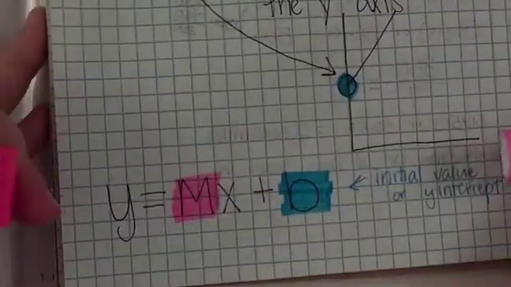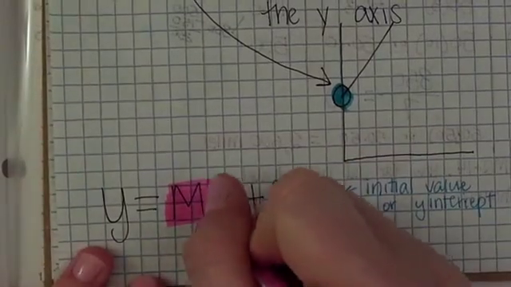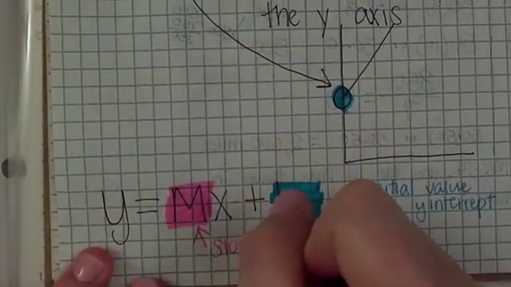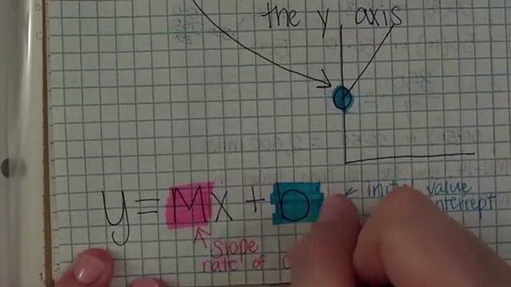So don't forget those few things. I'm going to go ahead and write that here. So that is slope, or rate of change.